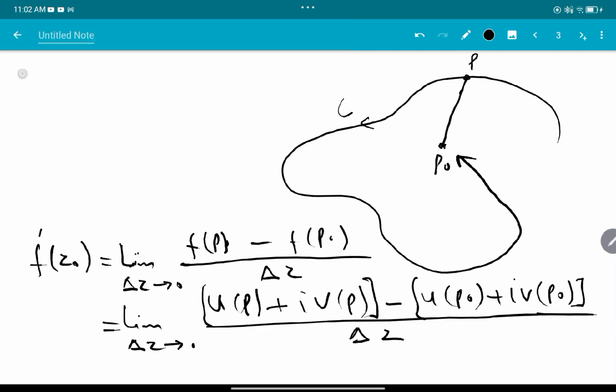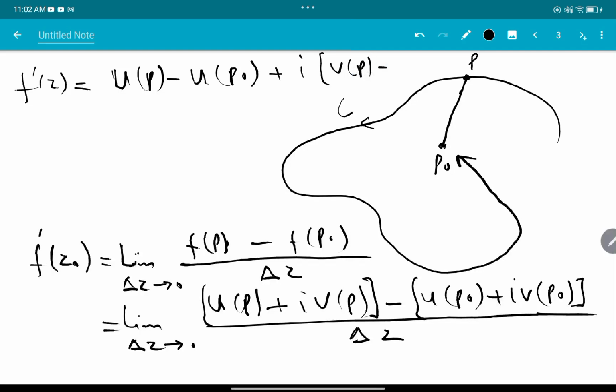That means f dash z is equal to u(P) minus u(P0), plus i, taking it as common, v(P) minus v(P0), divided by delta z.